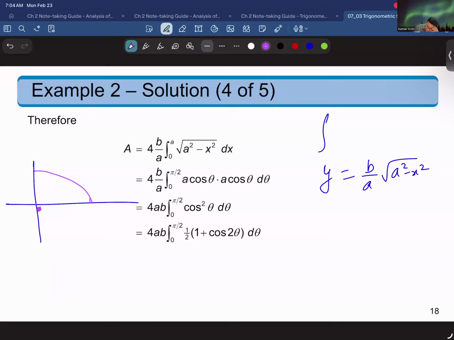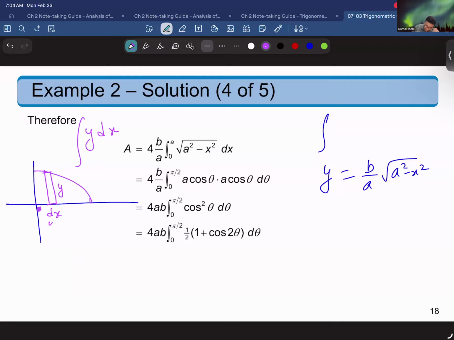If I'm somewhere here, let's say, the strip is dx and the height is y, and the area of that rectangle is y dx, right? Length into width, and you are integrating that.